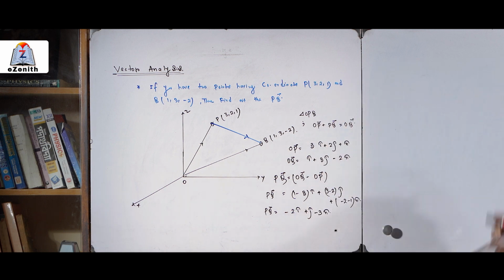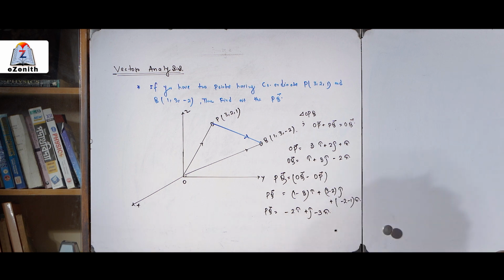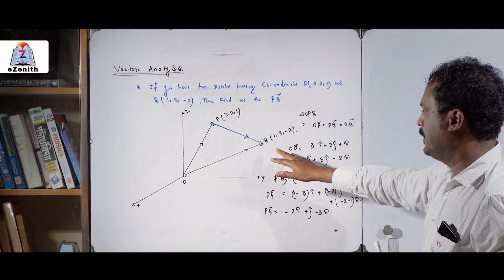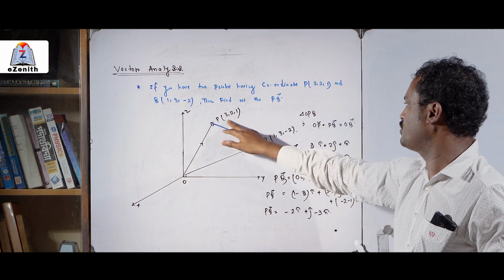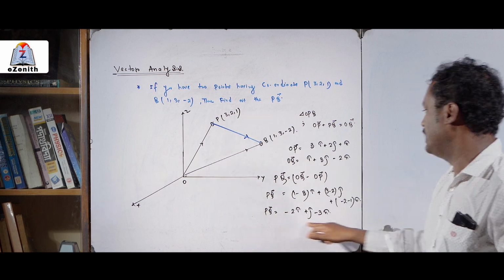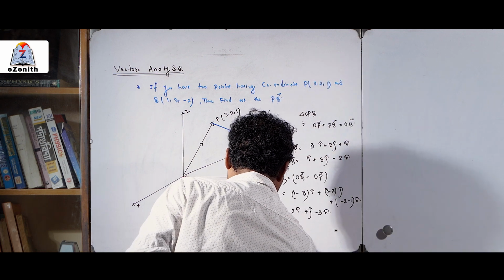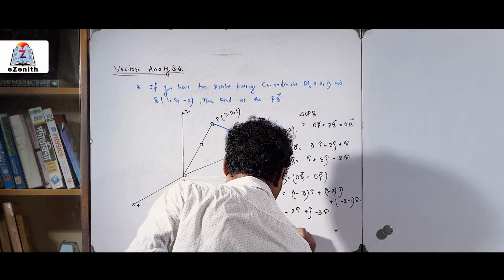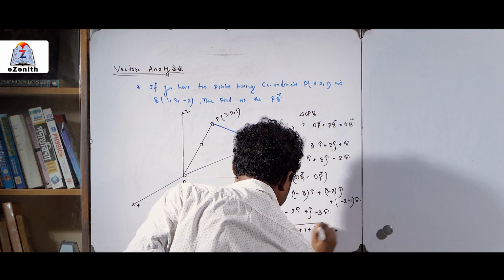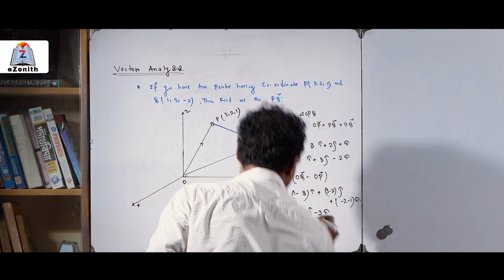From P point to Q point, the P point is the initial point and Q point is the final point. For the vector from P to Q, just take the difference of Q minus P. That is 1 minus 3 is minus 2, 3 minus 2 is 1, minus 2 minus 1 is minus 3k. And the magnitude of PQ is the square root of 4 plus 1 plus 9, that is root 14 units.